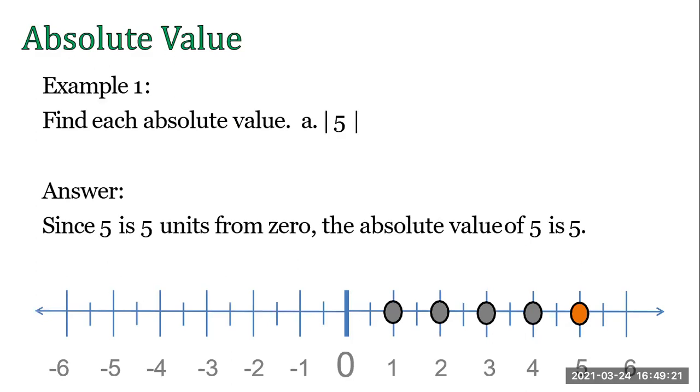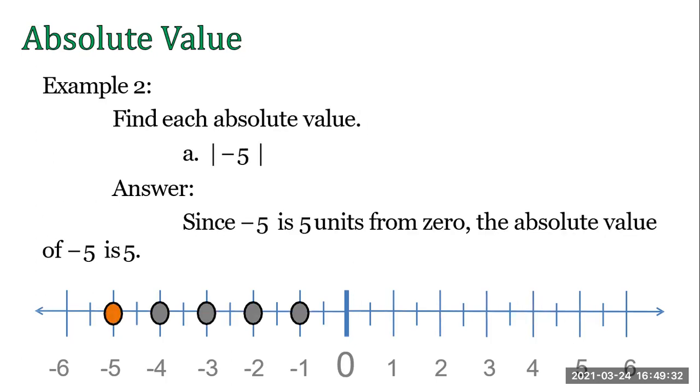For example, the absolute value of 5. Since 5 is 5 units from 0, the absolute value of 5 is 5. Now -5. So find the absolute value of -5. Since -5 is 5 units from 0, the absolute value of -5 is 5.